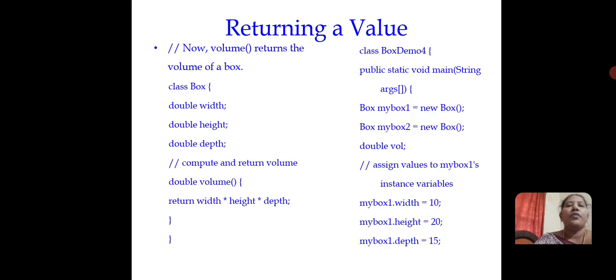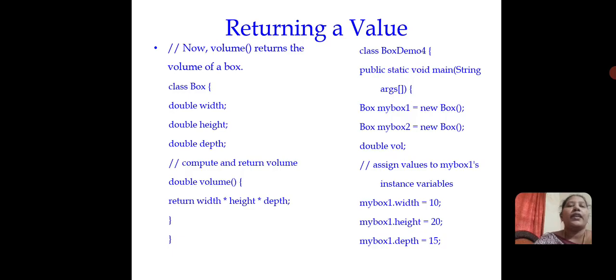So if you want to return a value, how can you return it? The same example. Now you can see in this volume method the return type is double, therefore you have to return width, height and depth. Since you are returning it, it should be printed in the main class. In this main class you are creating two objects.